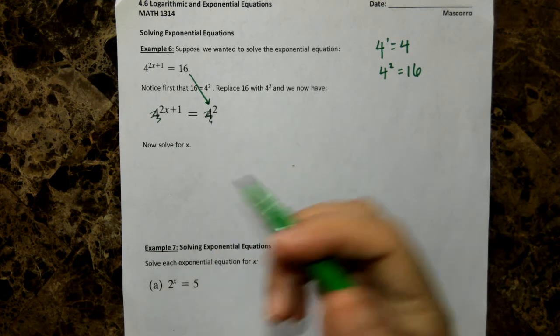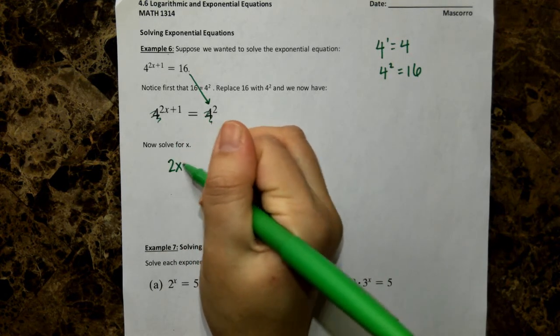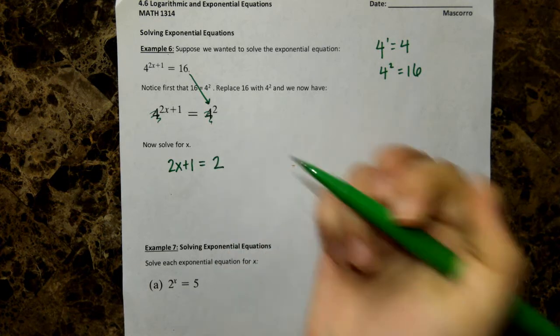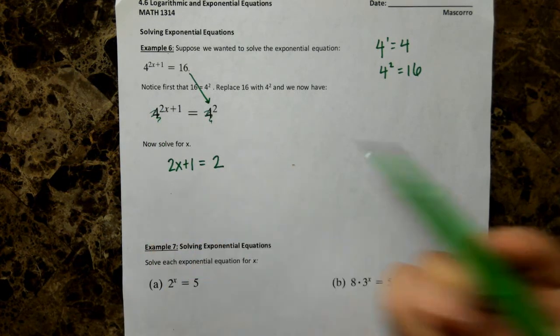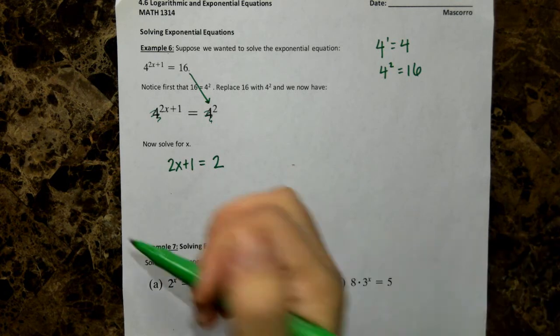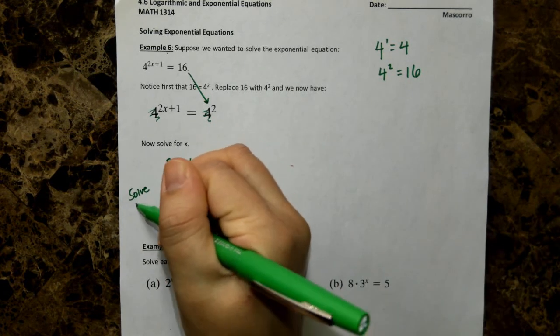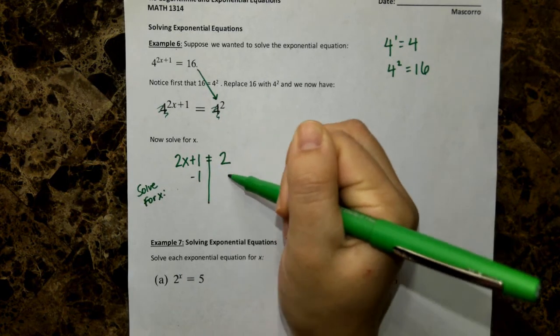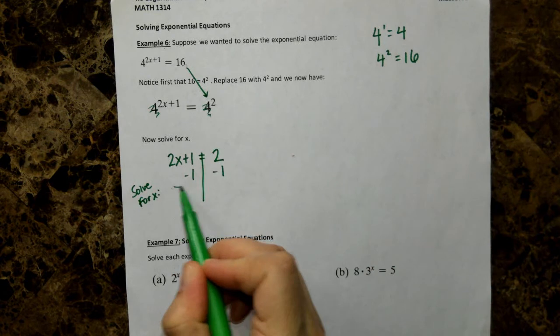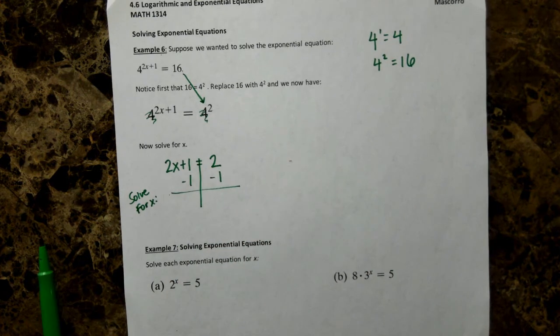You're just left with 2x plus 1 equals 2, because the powers must equal each other if the 4's equal each other. And all you have to do now is solve for x. This is a linear equation, so we can easily do that by subtracting 1 from each side of the equation. 1 take away 1 is 0, so those cancel out.